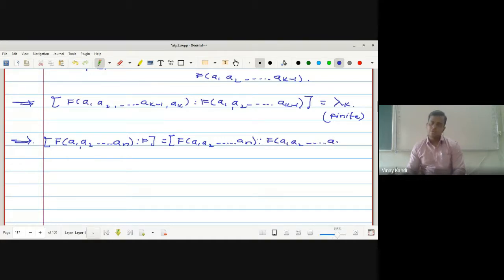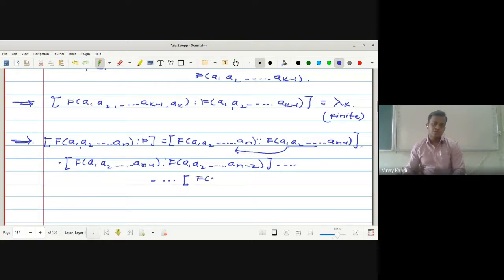This is a field and this is its superfield, into the degree of F of A1, A2 up to so on AN minus 1, which is a superfield of F of A1, A2 up to so on AN minus 2, up to so on, into F of A1 over F. Any doubt?